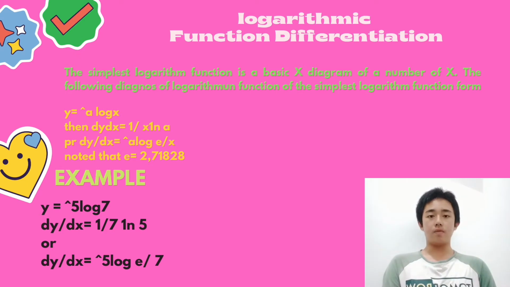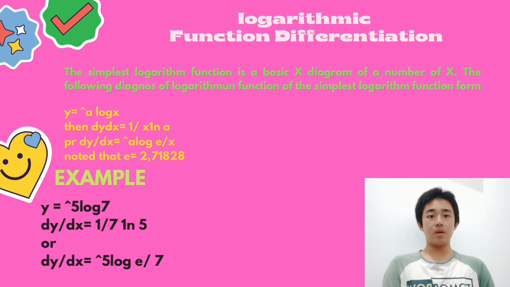Logarithmic function differentiation. An example is y equals 5 log 7. Its derivative y prime equals 1 by 7 ln 5, because 5 is the base and 7 is the number after the log, so we put the 7 in the front and the 5 in the back.